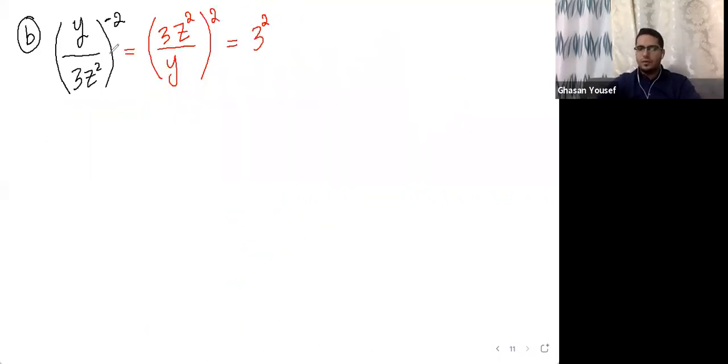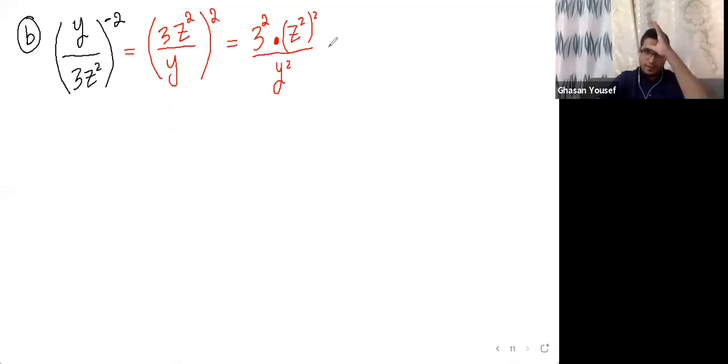When you flip, we get rid of the negative. That's true. So we remove the negative. Now I can distribute the 2 inside the parentheses. I get 3 to the power 2 times z to the power 2, everything to the power 2, over y to the power 2.